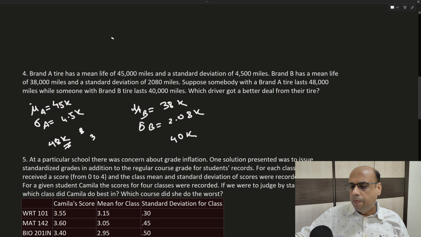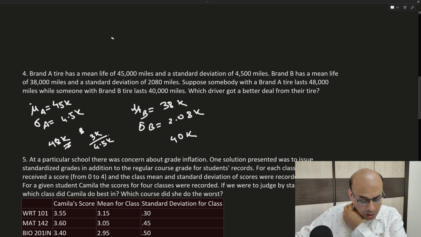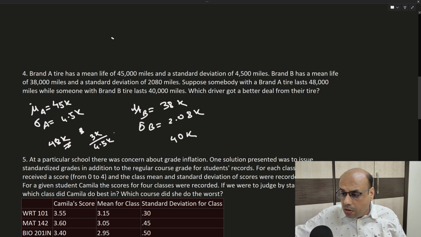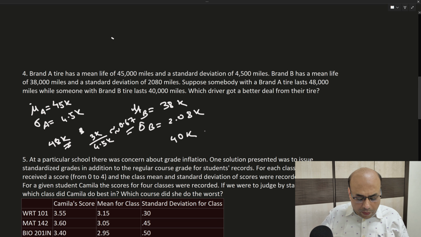So 3K divided by 4.5K is approximately 0.67. And for B, 40K minus 38K divided by 2.08K is approximately 0.96.